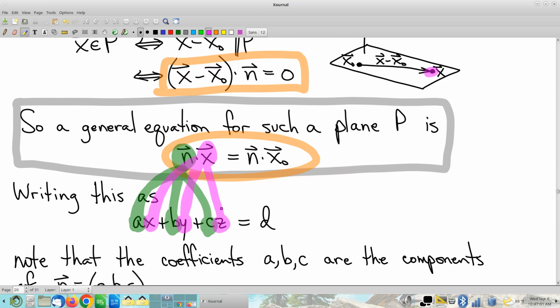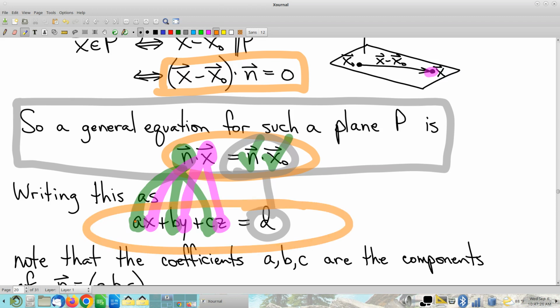That's literally a dot product. And of course, this thing on the right now is just some constant. After all, we were given x naught, and I can just straight up multiply them out, and that is some number, D. So another alternative form of this equation is to write down AX plus BY plus CZ equals D.